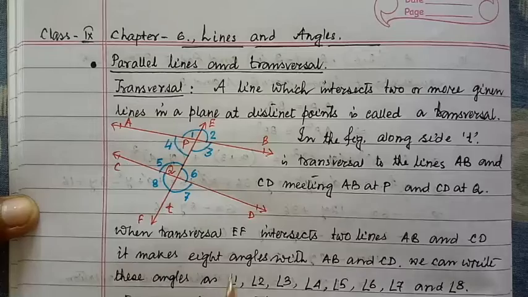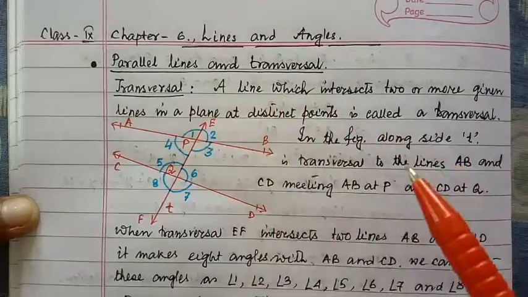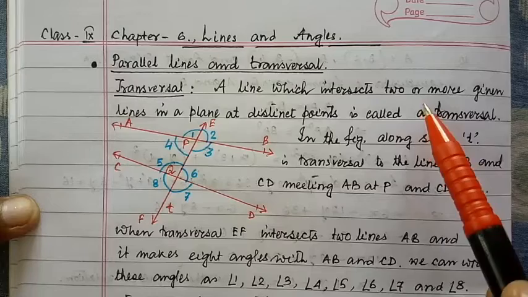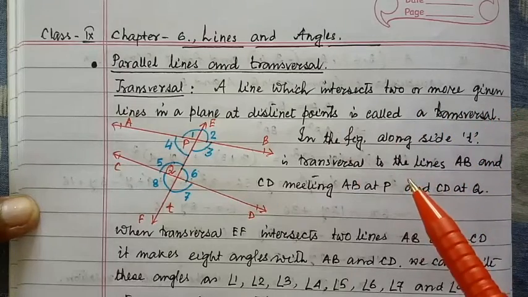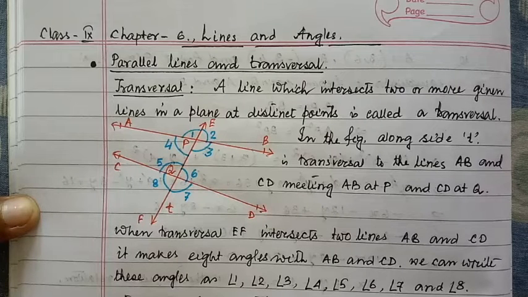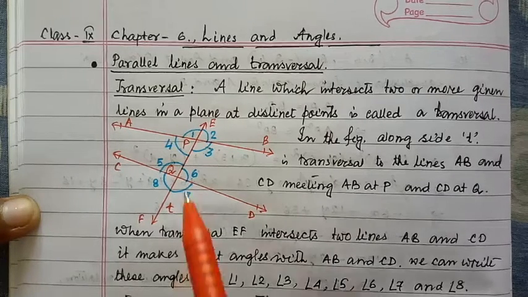Transversal, a line which intersects two or more given lines in a plane at distinct points is called a transversal.